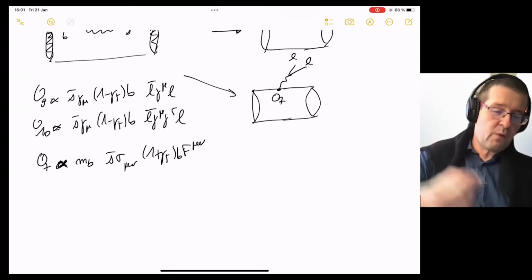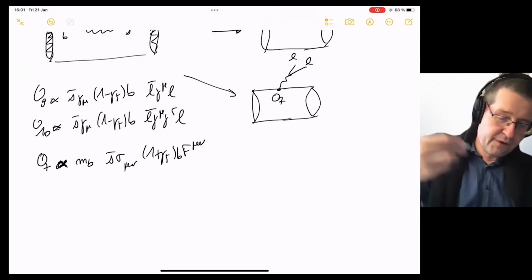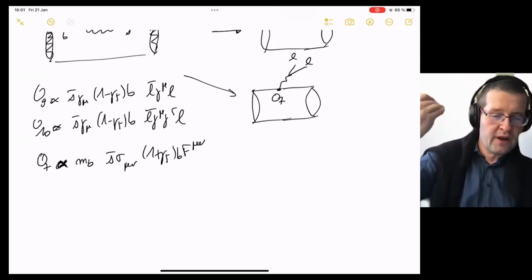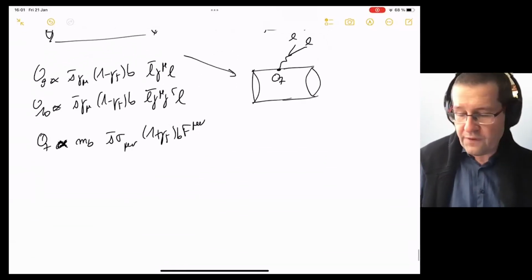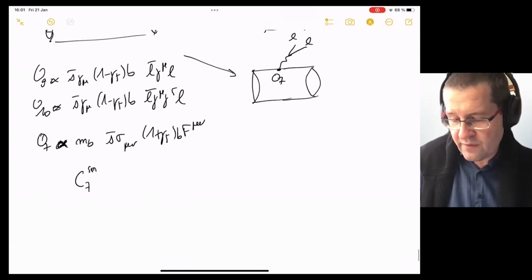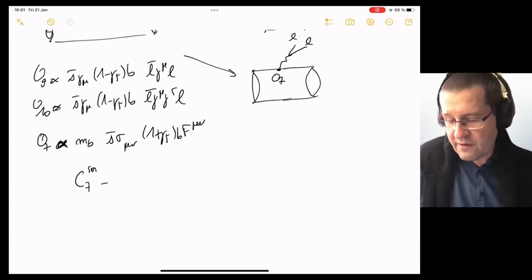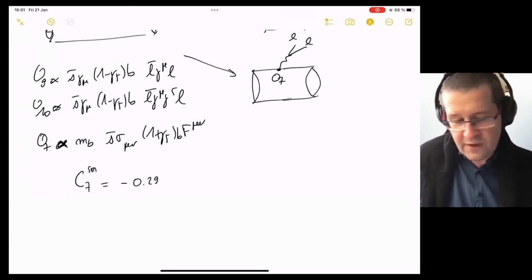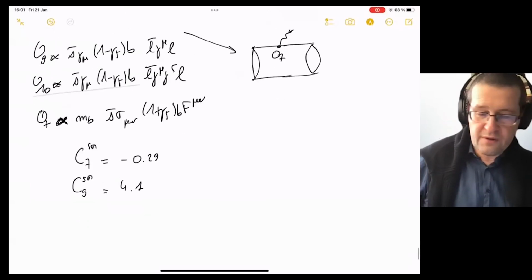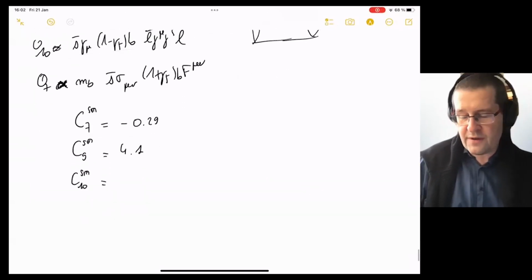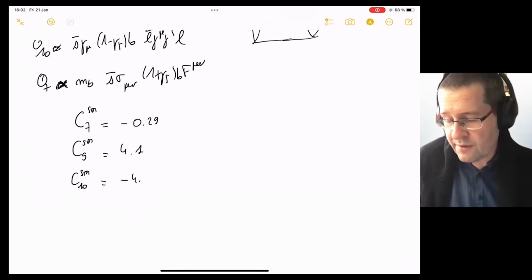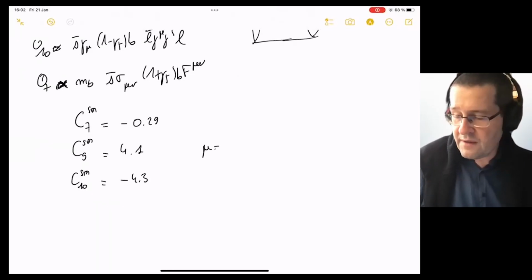So the fact that 1 minus gamma 5 or 1 plus gamma 5 is obviously related to the structure of the weak interaction. And also the fact that you can use the idea of matching and running in order to get the Wilson coefficients of this operator at a high accuracy.